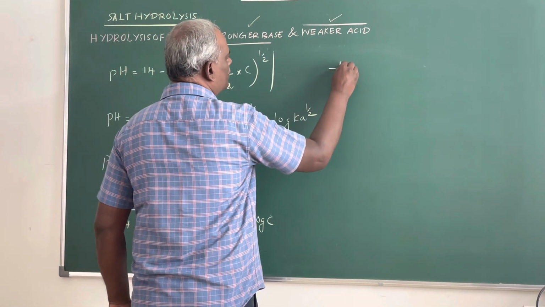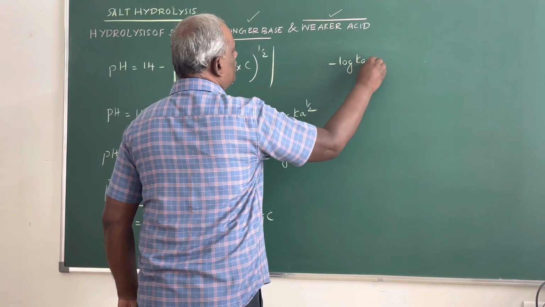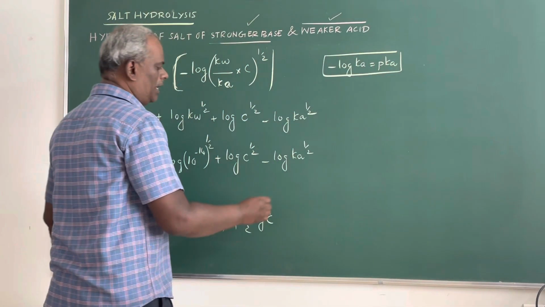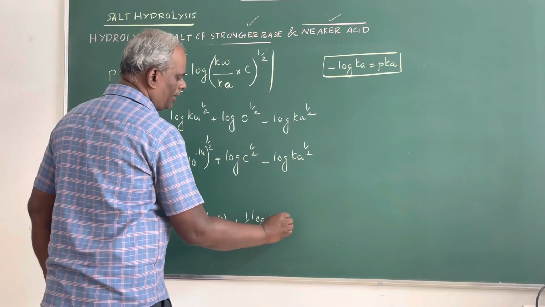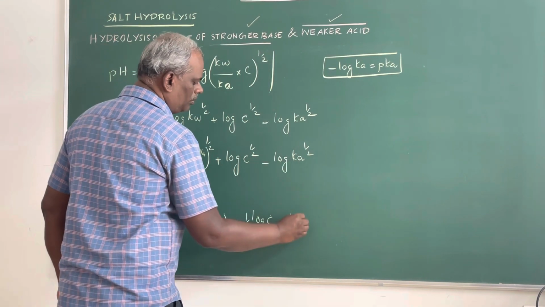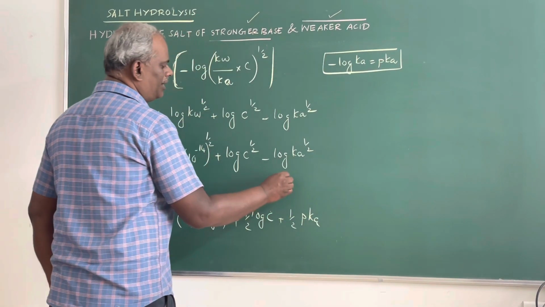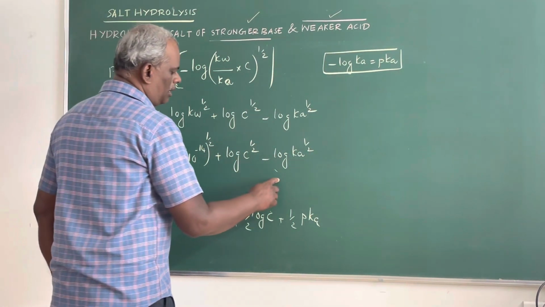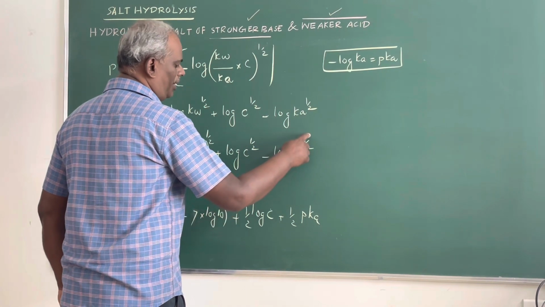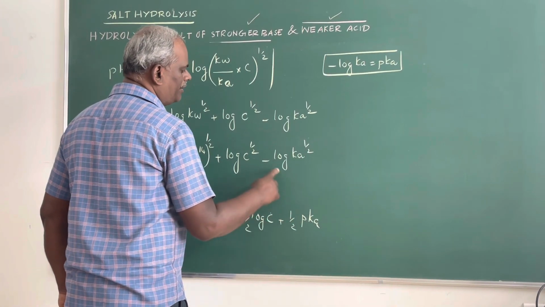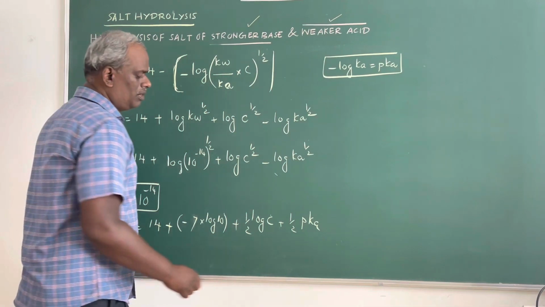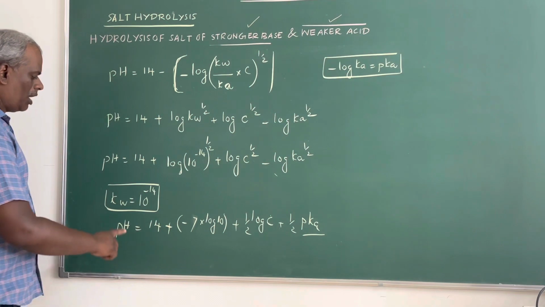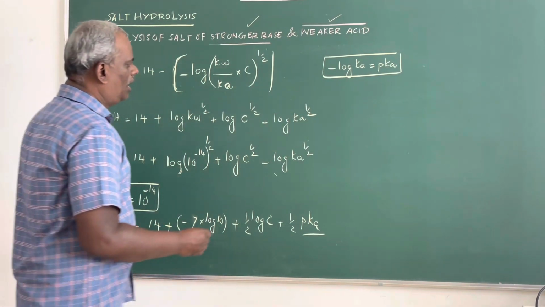What is minus log of Ka? It is nothing but pKa. So in place of minus log of Ka, I can write half into pKa. Actually the power half is written as half into minus log of Ka, and that is replaced by pKa.